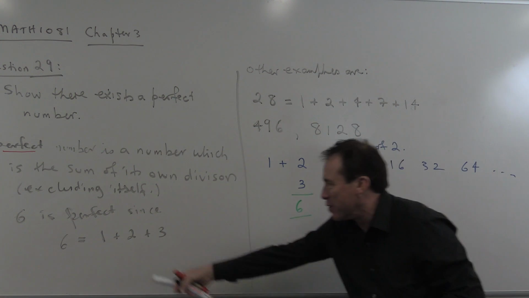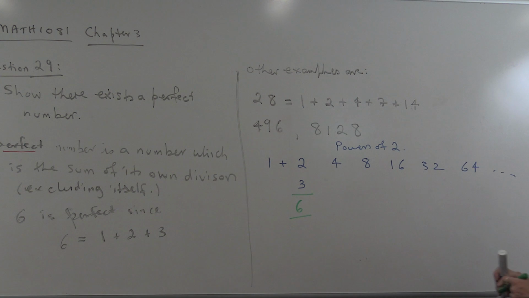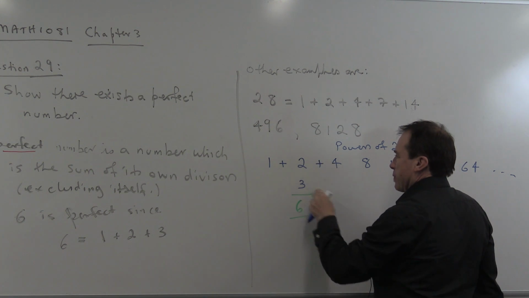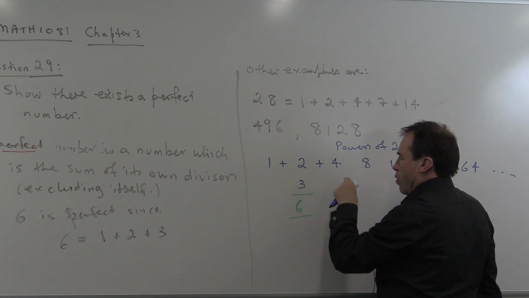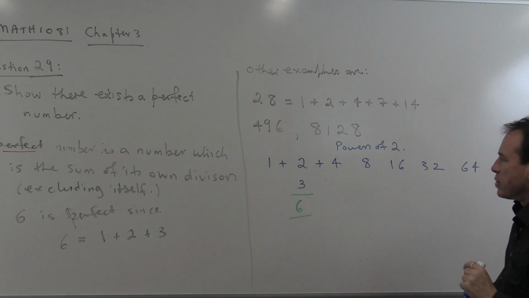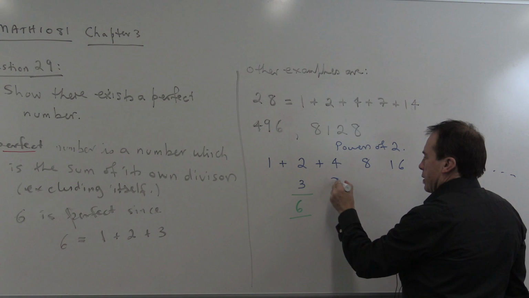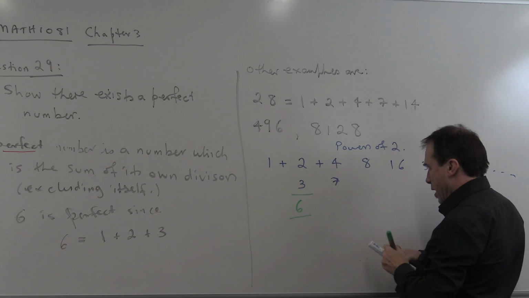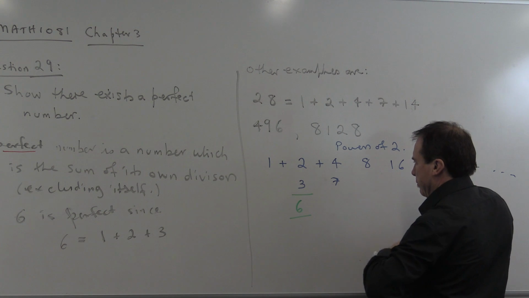It happens to be the first even perfect number. Well, what happens if I keep going? If I add the next number on, so I get 1 plus 2 plus 4. By the way, you can just add these two because that's already the sum of those. So you get 7, and you multiply 7 by 4, and you get 28.